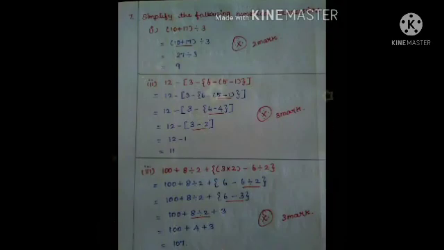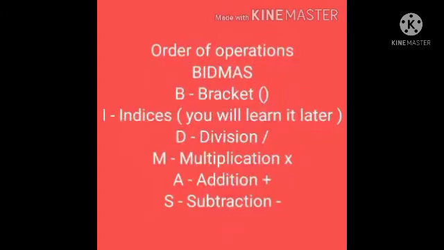Okay, children, please listen here. Order of operations means, again and again I am telling you, first you want to see the bracket. If a bracket is there in your question, first you want to complete the bracket portion only. Next only you want to do the division, multiplication, addition, and then last only the subtraction.